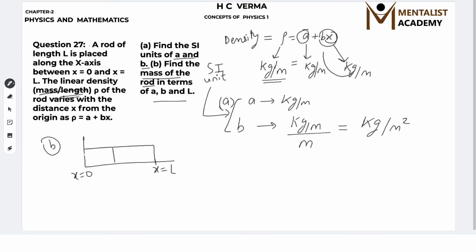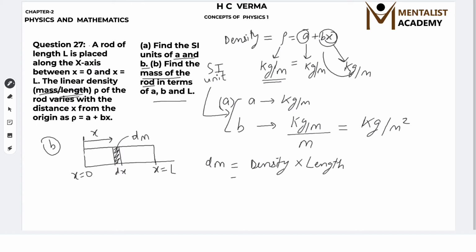Suppose we take an element at a distance x from the initial point, a small element of length dx, and let us find the mass dm of this element. Now we know that mass is equal to density into the length of the rod, so the length of this portion will be multiplied over here.